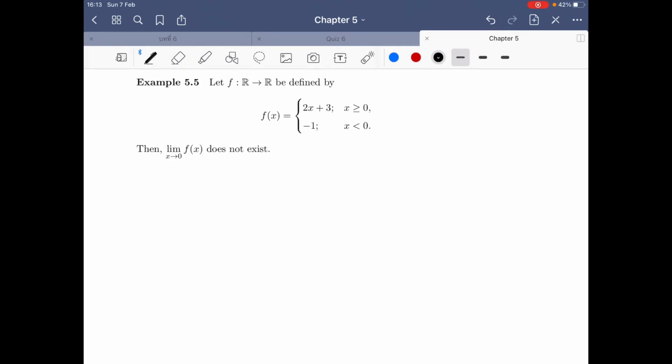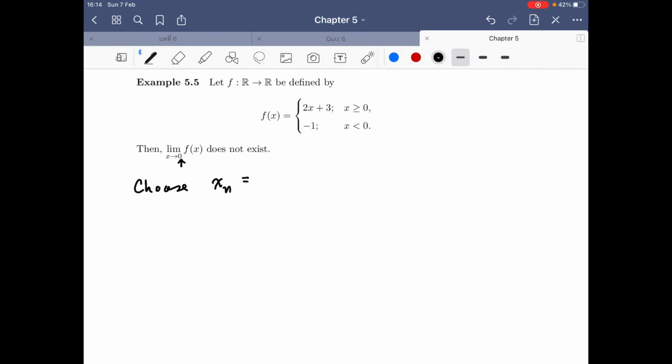We again will pick two sequences that go to 0 as n goes to infinity, but the function values of these sequences are not the same. So one sequence should be a sequence of non-negative numbers, and another a sequence of negative numbers. As I told you, we will always choose the easy one.